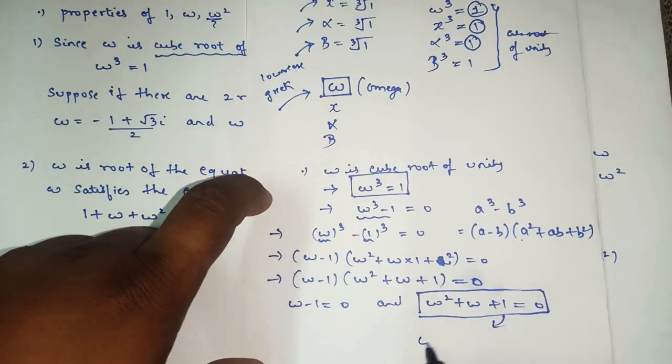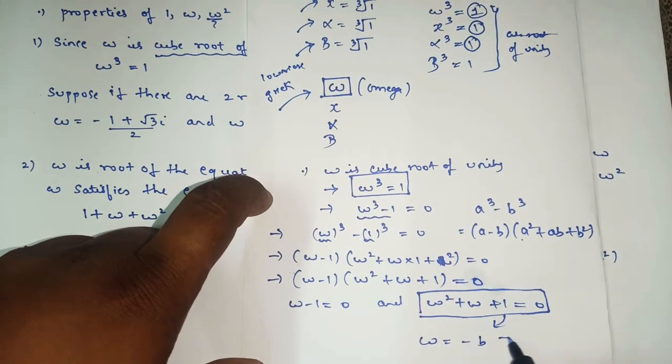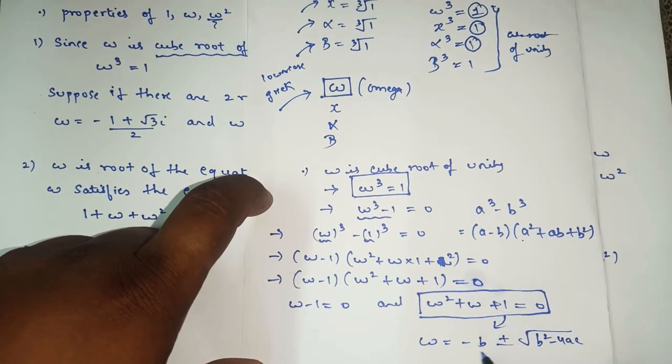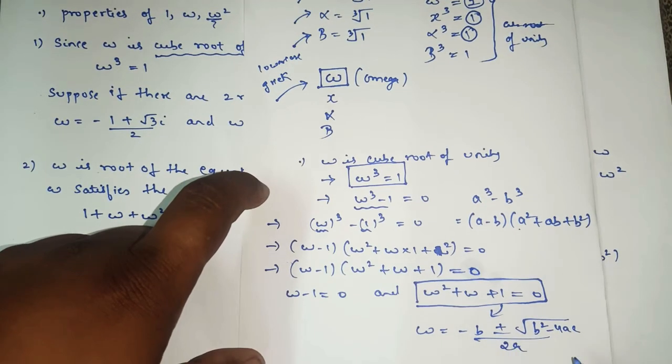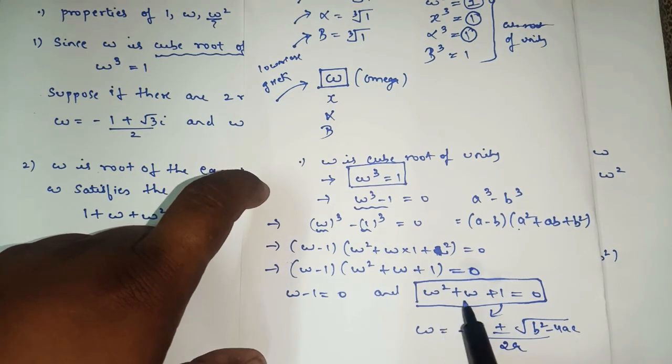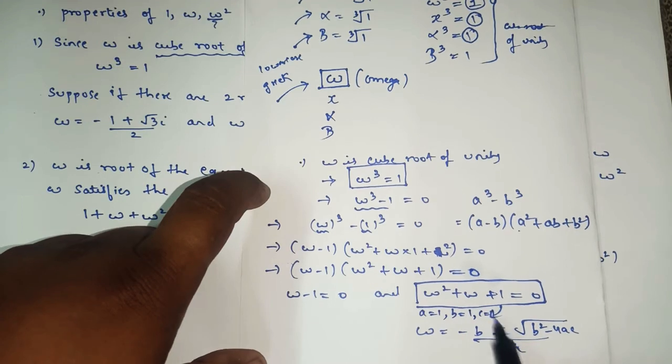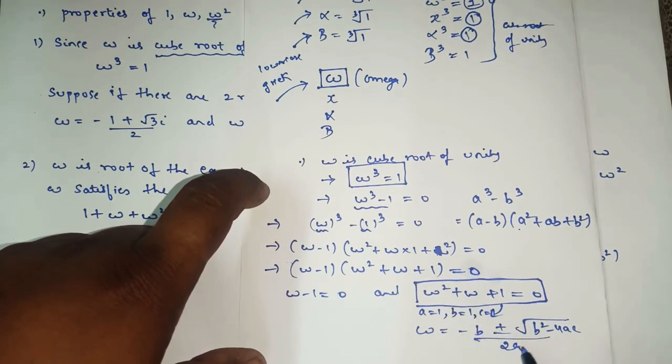Further, you can solve this part by using the factorization method or the formula method. The formula method is what? Minus b plus minus square root of b square minus 4ac upon 2a, where here the value of a is 1, b is 1, and c is also 1. When you substitute the values in place of a, b, c, you will get two answers.